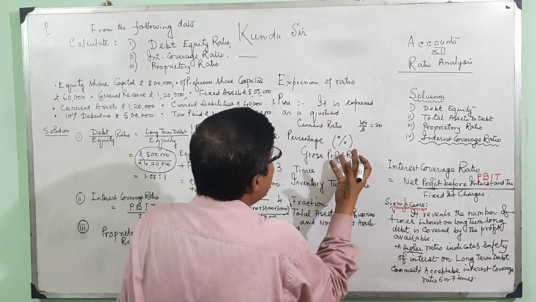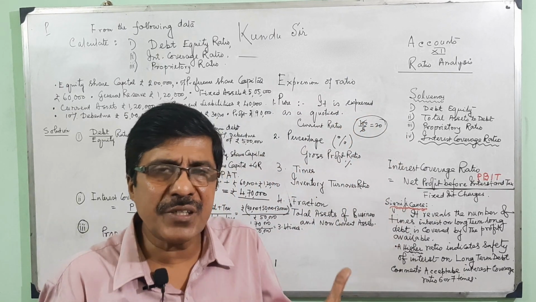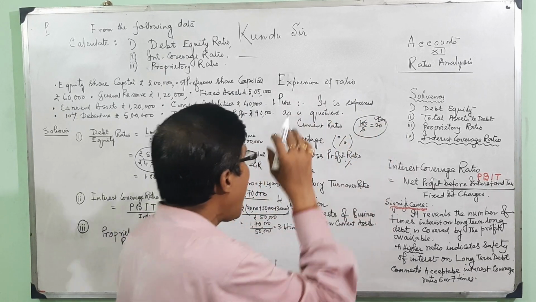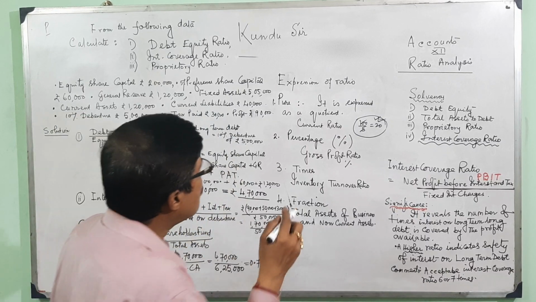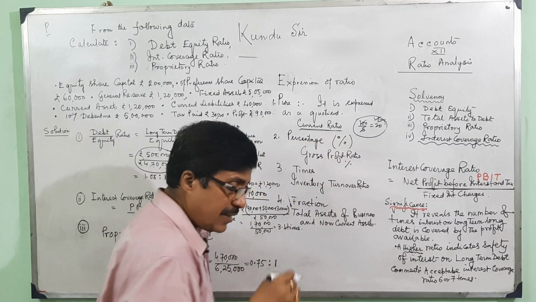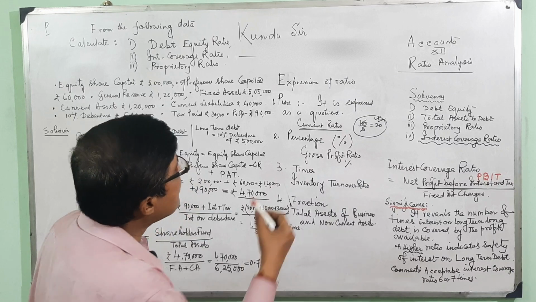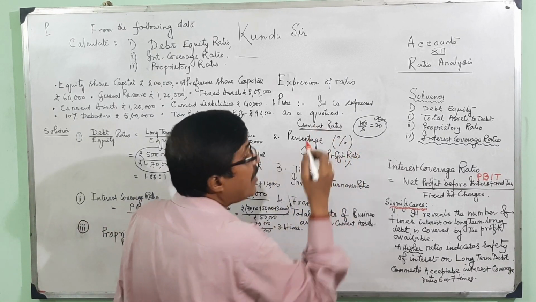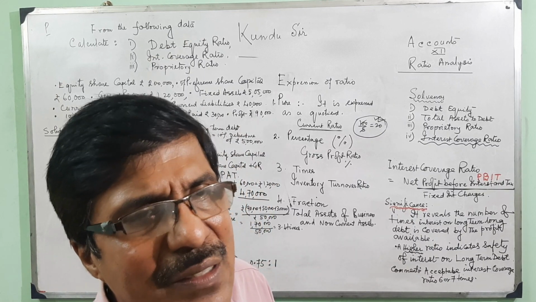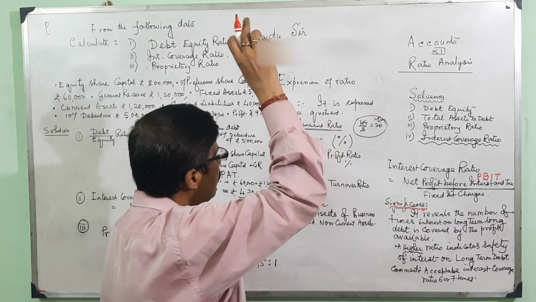That means we can express it in quotient form, this divided by this. For example, the current ratio: current assets and current liabilities are always expressed in terms of quotient, and a current ratio of 2:1 means current assets are double the current liabilities.